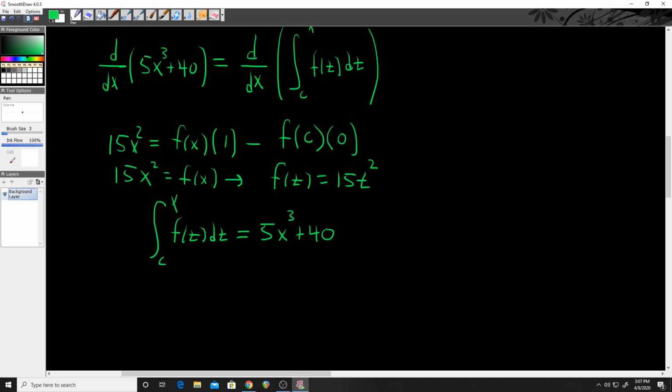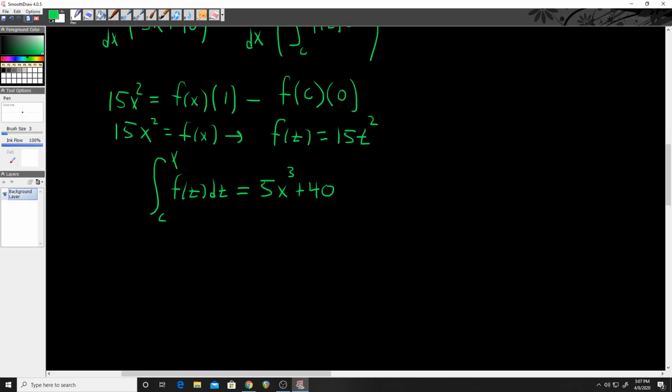So we have the integral from c to x of 15t squared. And we know what the result has to be. The result has to be this. So let's keep that in mind, but I'm just going to work with this directly.